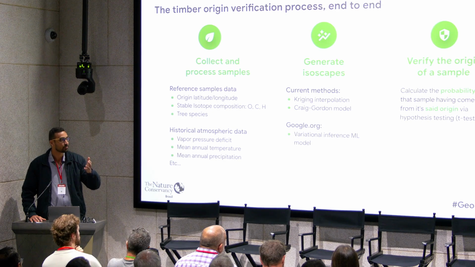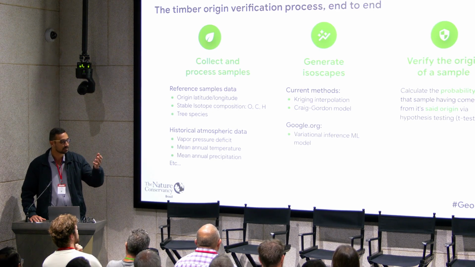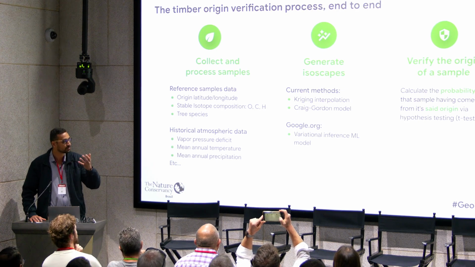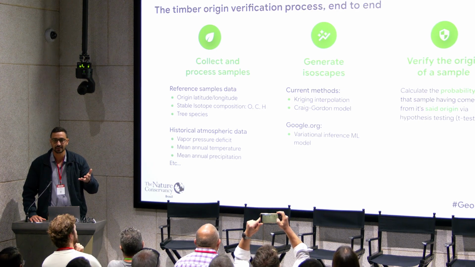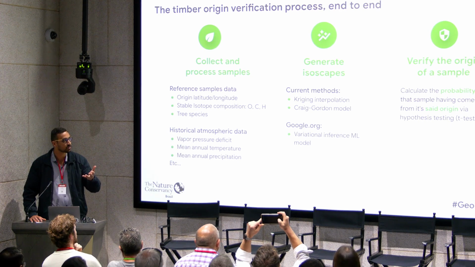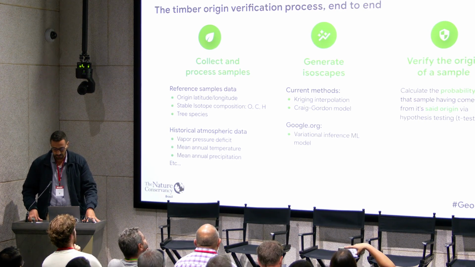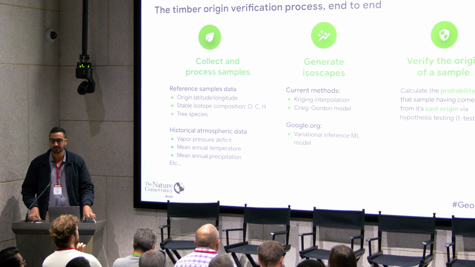Considering a lot of data sets, we generate the isoscapes with the current methods, but the Google.org engineers helped us create an innovative method to generate isoscapes and leverage this kind of data. So imagine that you have to verify the origin of a sample, and you create a statistical way to validate or address this origin.